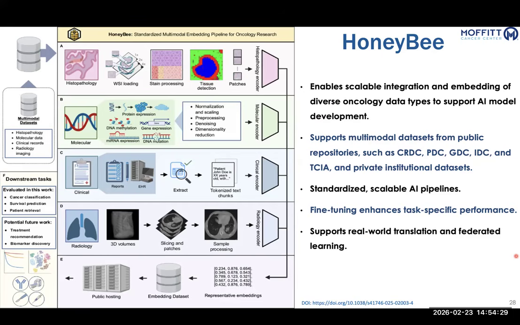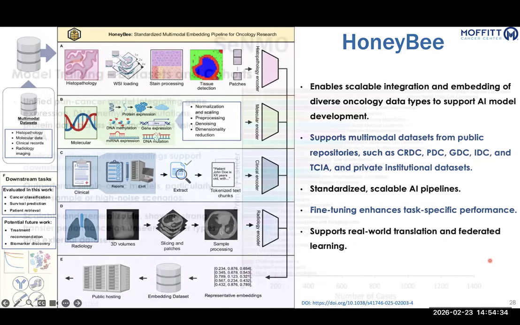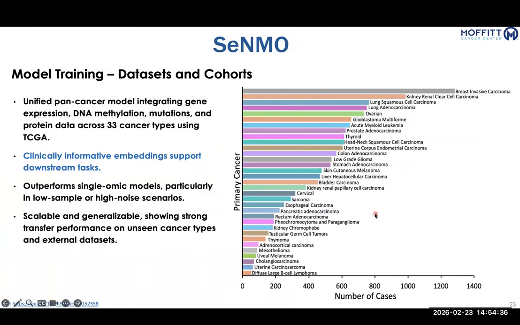On that note, I think Asim can answer about the SeNMo model, which was one of the models actually trained fully on the TCGA data set, and how the class imbalance was handled. He can answer that better. Yeah, thank you, Akash. You can see the distribution of samples across different cancers while training SeNMo. So the class imbalance was a problem, and we incorporated multiple class balancing techniques out there in the literature, such as SMOTE, class weighting, and class averaging.